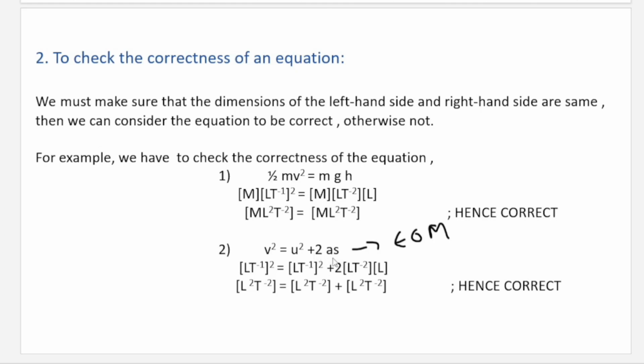This one is acceleration, here a is acceleration, so LT minus 2, and s is displacement, so L. We get L2 T minus 2, then L2 T minus 2 plus, since 2 is constant we remove it, so L2 T minus 2. Since all the three terms are the same, hence the equation is correct.